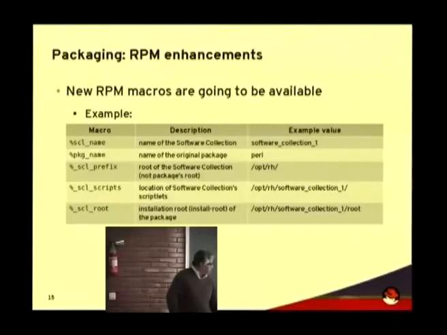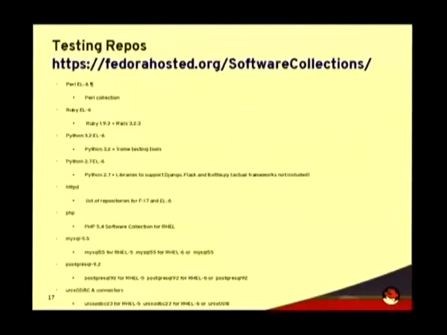If you want to play with some collections, we have a list of software collections that we've been building and testing for a while to see what issues we come across. Most of these are running on RHEL 6 or RHEL 5, and they contrast with what's actually built in RHEL.